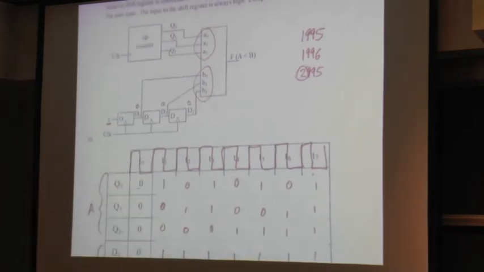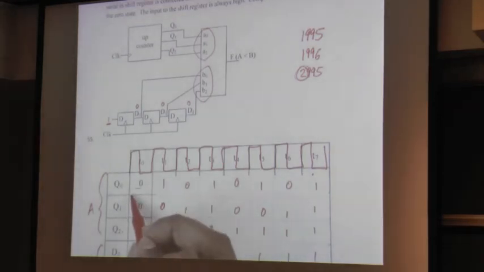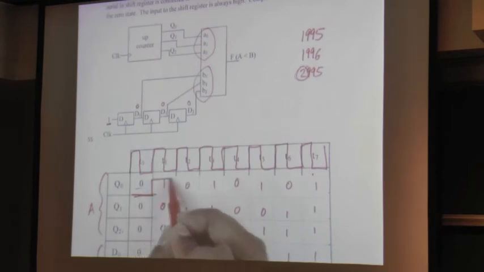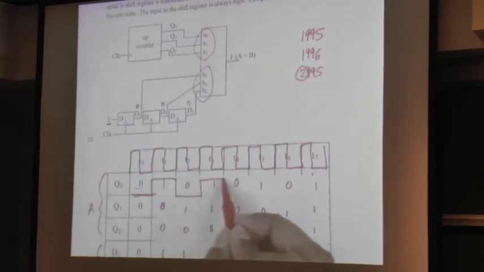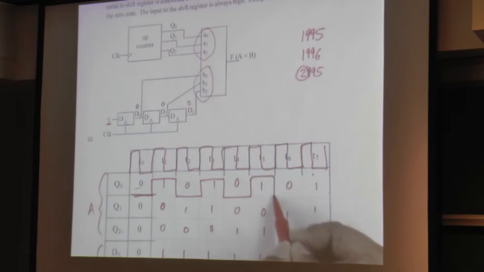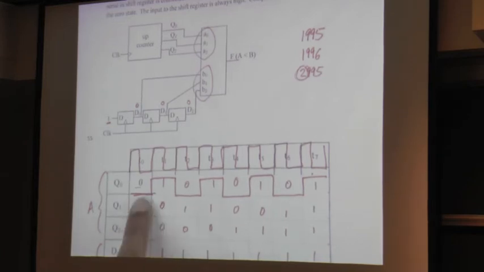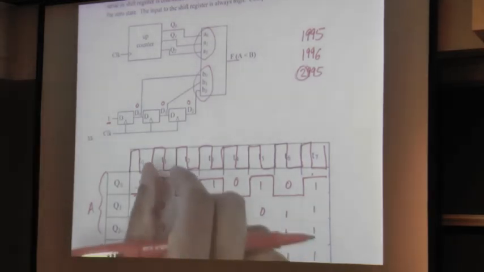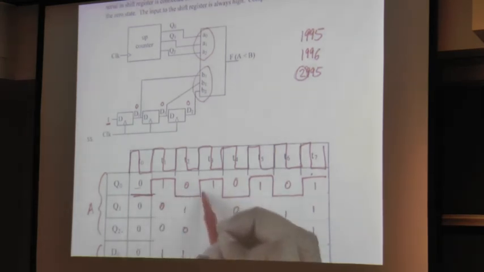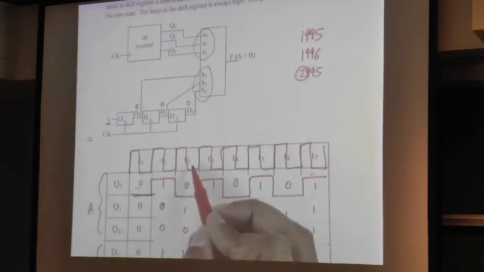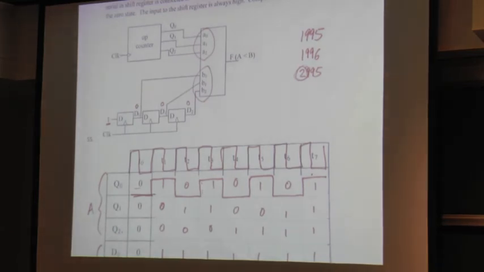The least significant bit, Q0, I can draw that picture just by following the zeros and ones. So it's low, and then high, and low, and then high, and then low, like this. Right? So the least significant bit has twice the period as the clock, because you can see its width is twice as much. One entire cycle of it takes 2 clock cycles. So the least significant bit divides the clock frequency by 2.